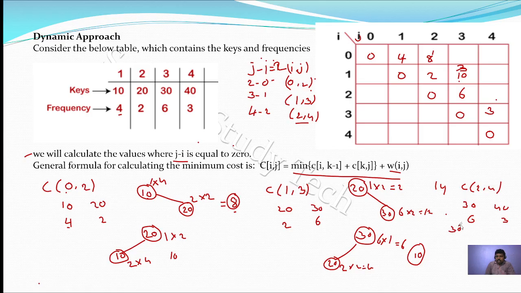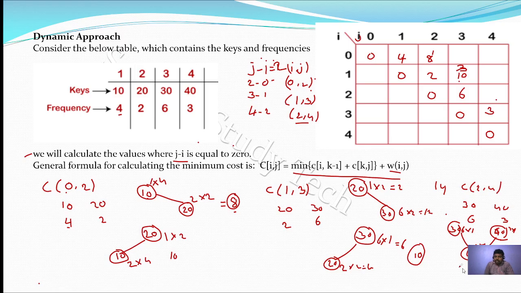Now here it is 30 and 40: 6 into 1 and 3 into 2, that is 6 plus 6, 12. Then if 40 is the root node and 30 its child, it is 3 into 1 and 6 into 2, that is 12 plus 3, that is 15.